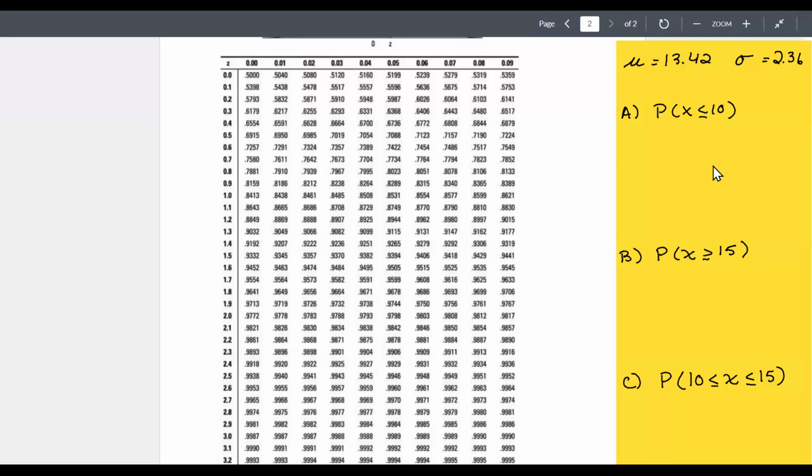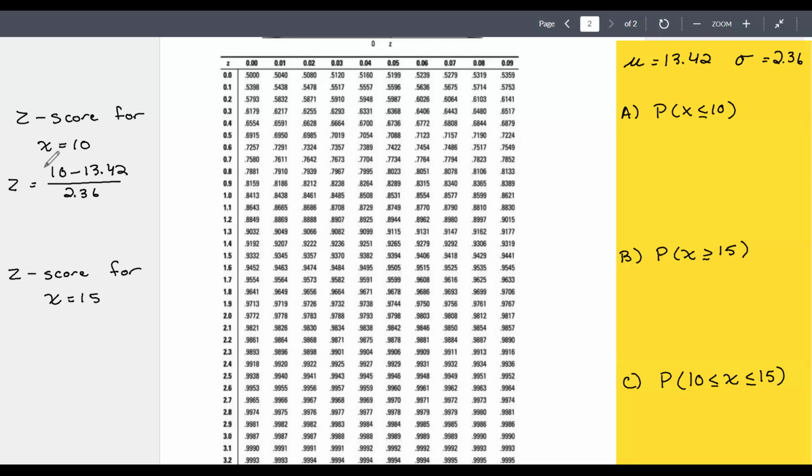Okay, so we got our mean and standard deviation, and then I wrote all our problems and probabilities. So the first thing we need to do is find a z-score for X being 10, so we can figure out how to convert this into a z-score. And then we need the z-score for X being 15. Because as we see, the only thing we have to worry about is 10 and 15, so we need those two z-scores. So my z-score is going to be 10 minus 13.42 divided by 2.36.